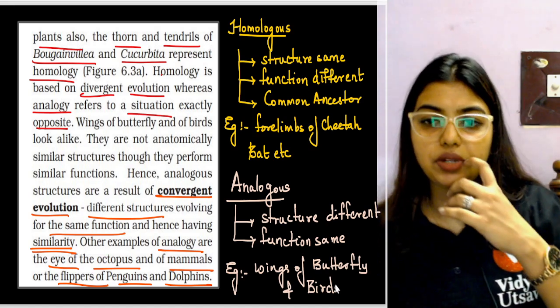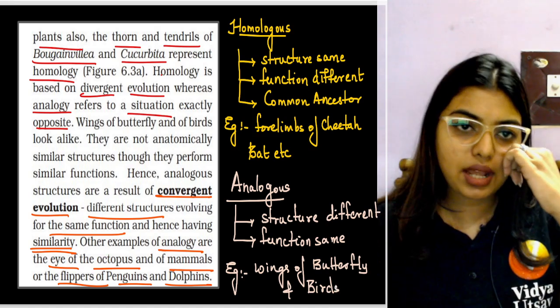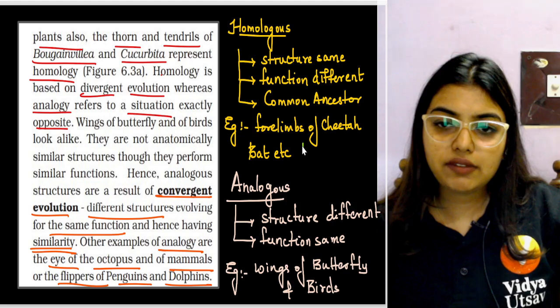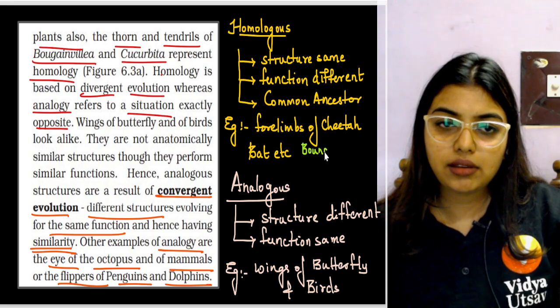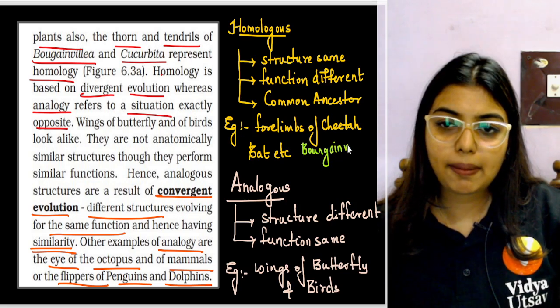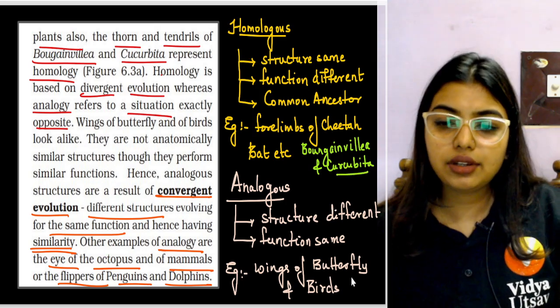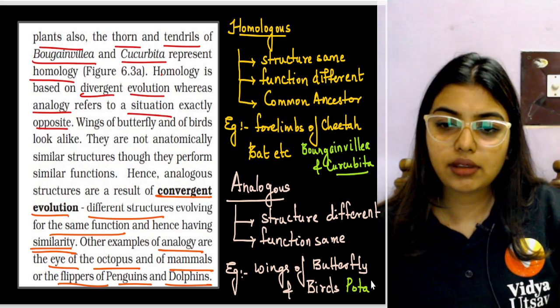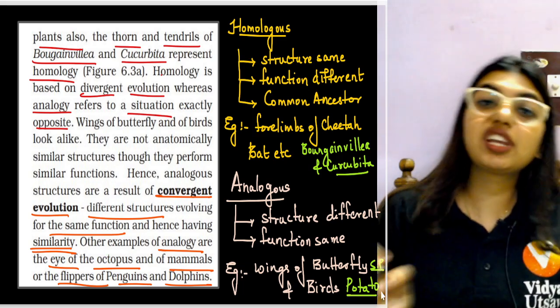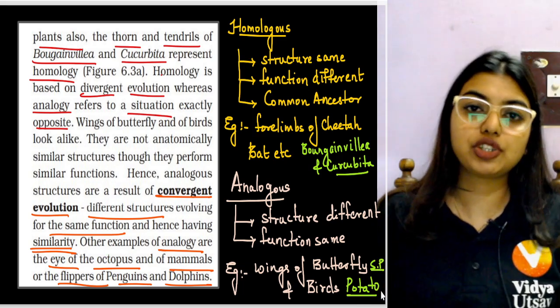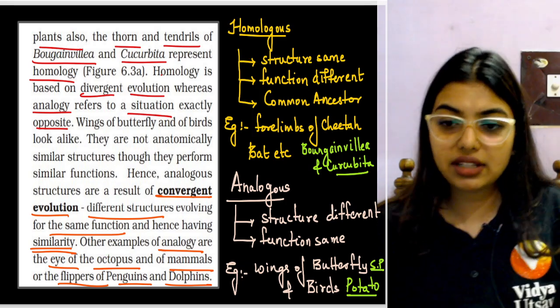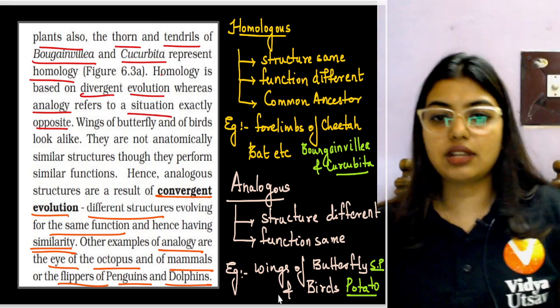Or potato and sweet potato. Examples of plants are bougainvillea and cucurbita. Here it is potato and sweet potato. The modifications are different, but they have the same function of storing starch. Is this clear?